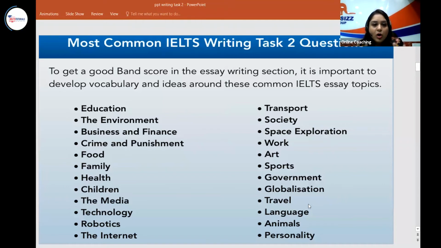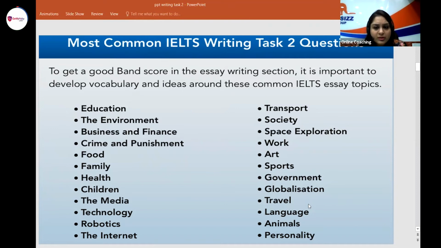So these are the main common topics you should understand: education, so build all the vocabulary regarding education; the environment, business and finance, crime and punishment, food, family, children, the media, technology, robotics, the internet, transport, society, space exploration, work, art, sports, government, travel, language, animals, personality.